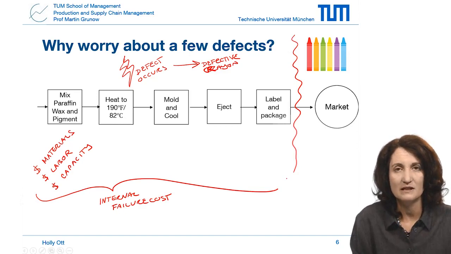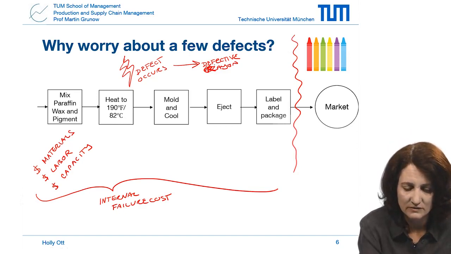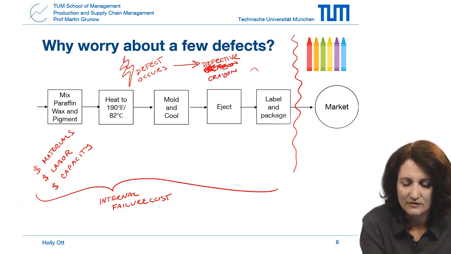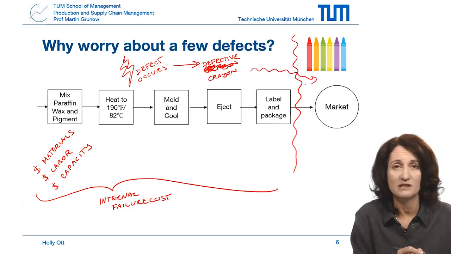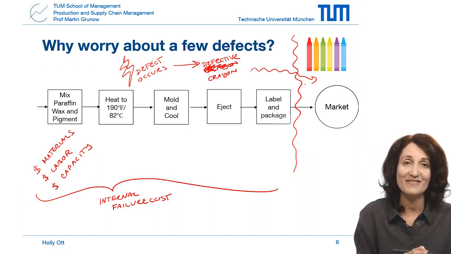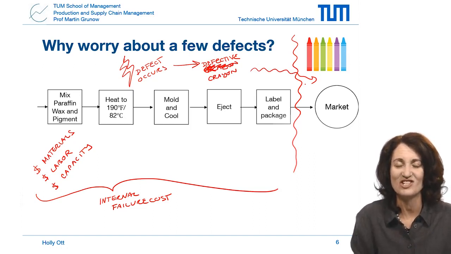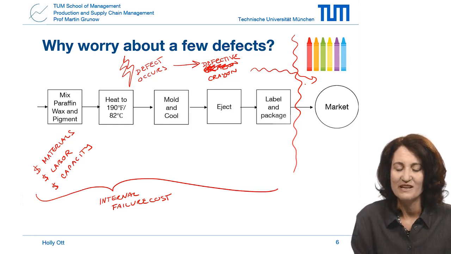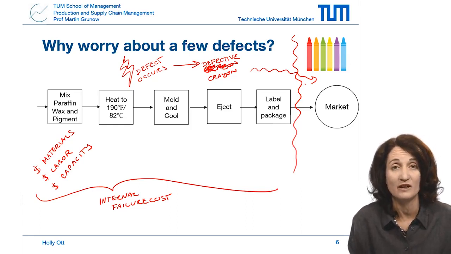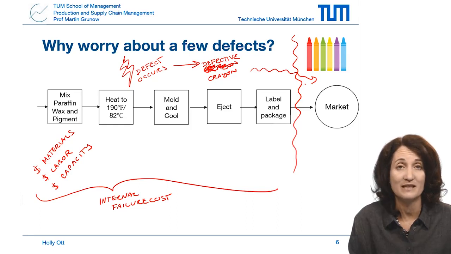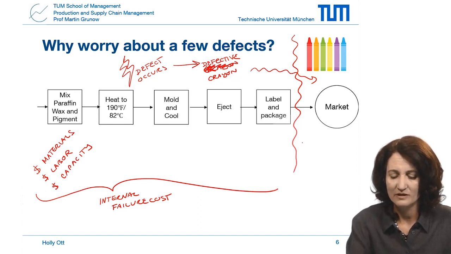Now, the other problem is that we have this defective crayon. And this defective crayon might end up getting out to the customer. In the case of crayons, maybe it's not that critical. It depends if there's something toxic in it, then it would be critical. But you can think of this applied to another product, like a car or like some kind of medicine. If that defective product gets out to the customer, we have, for example, warranty costs, liability costs.